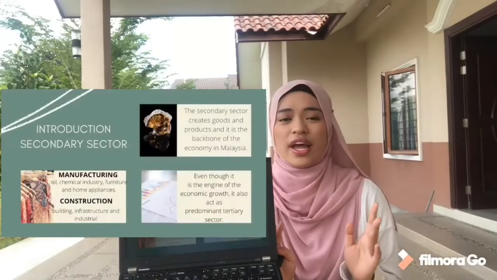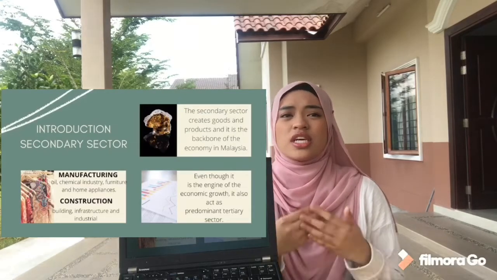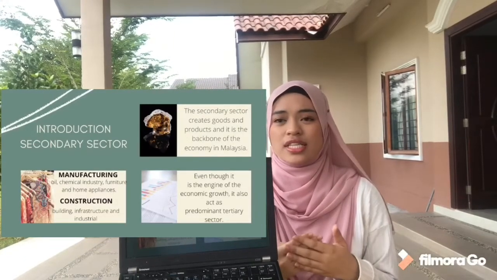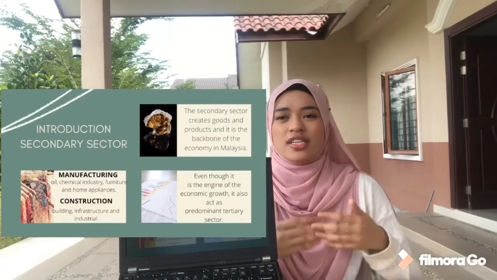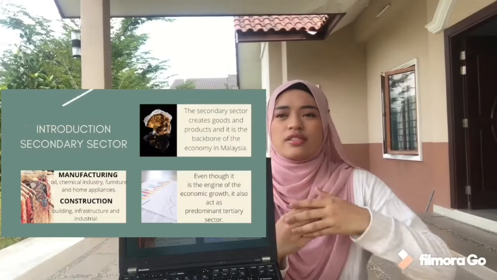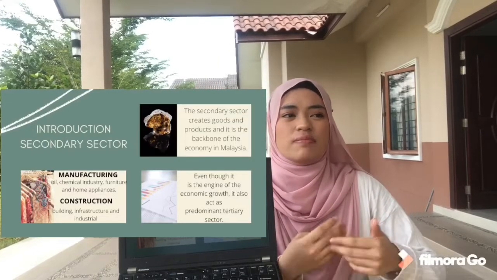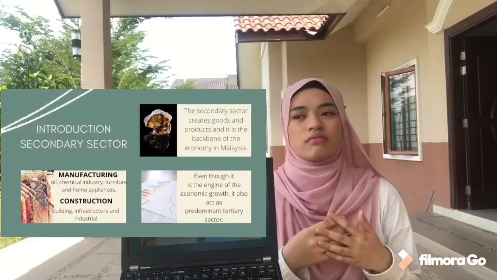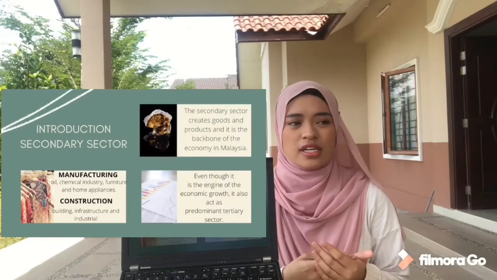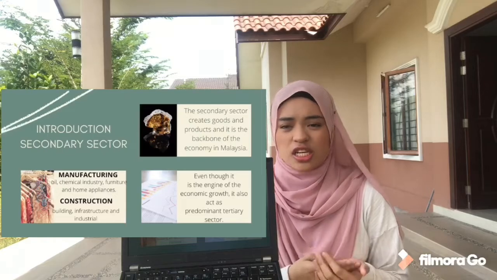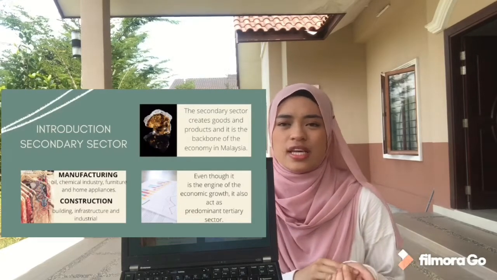Before I go any further, the secondary sector, which creates goods and products, is the backbone of the economy in Malaysia, because it contributes a lot to the Malaysian economy, compared to the other two sectors, the primary and tertiary. Examples for the manufacturing sector are the chemical industry, furniture, and home appliances.